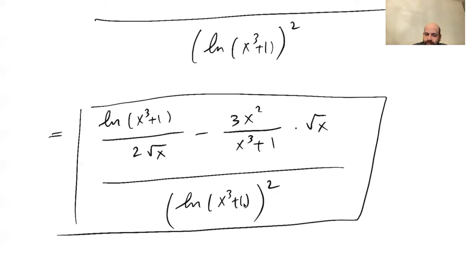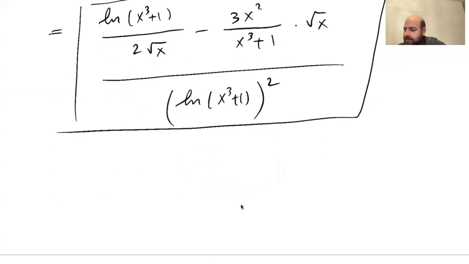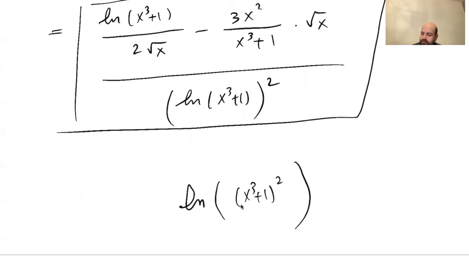Yes, if this power 2 was inside, if you had an expression of the form ln of x cubed plus 1 to power 2, then ln of t to power 2 is 2 times ln t, so you could write it as 2 times ln of x cubed plus 1.